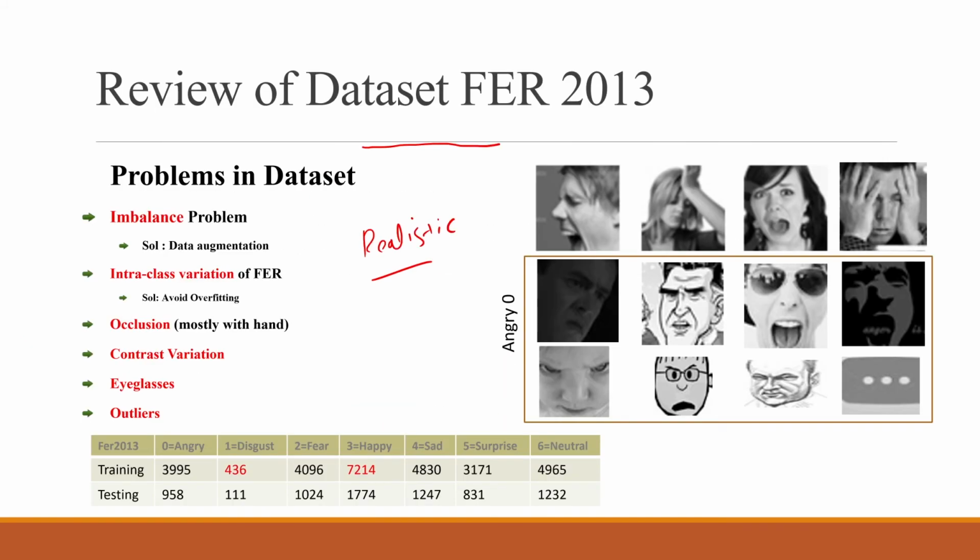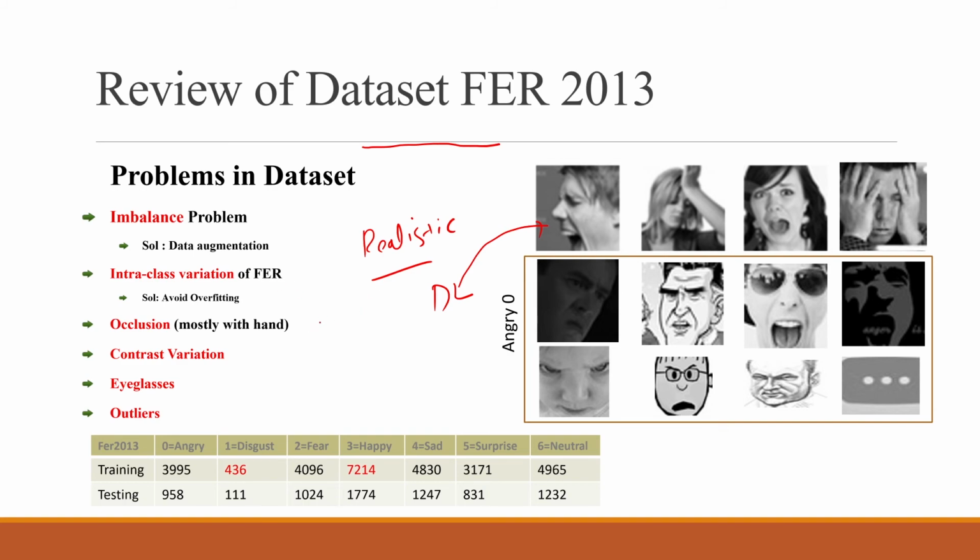But in a real world scenario, if we train our deep learning architecture on these front faces and then deploy it in the real world, definitely our architecture would fail. Why? Because in the real world, we do not always have a front looking face. That is why FER 2013 is a realistic dataset.